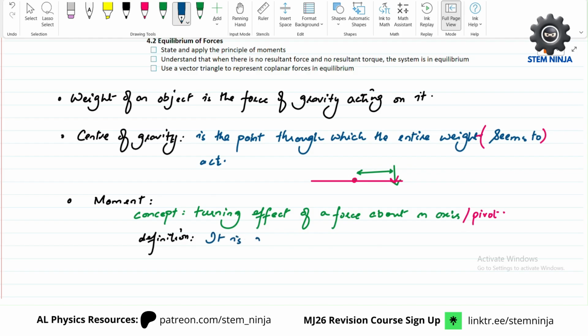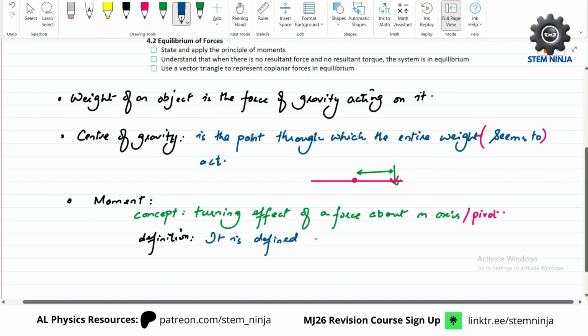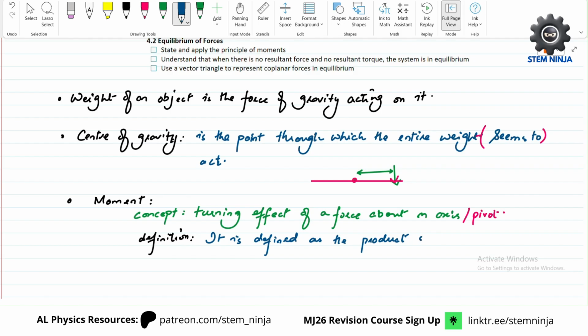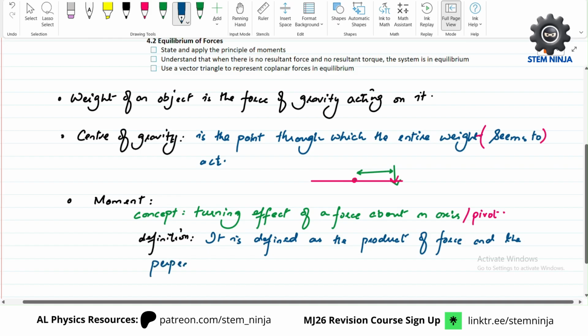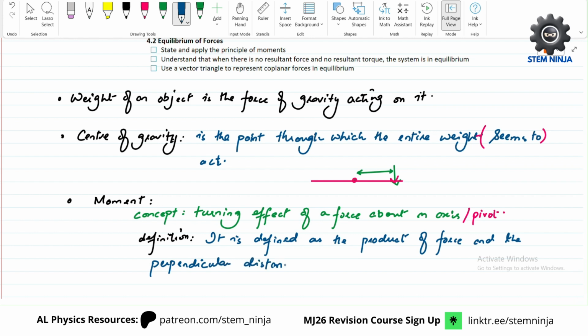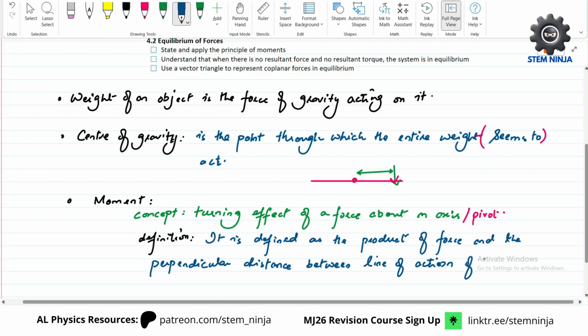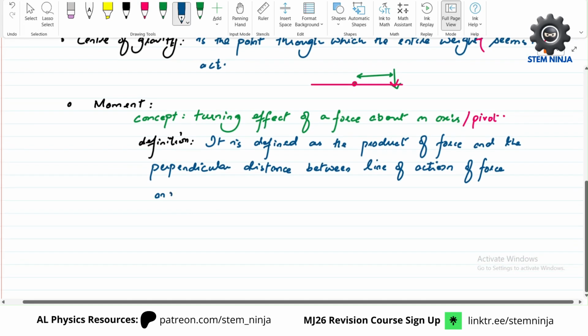It is defined as the product of force and the perpendicular distance between the line of action of force and the pivot.